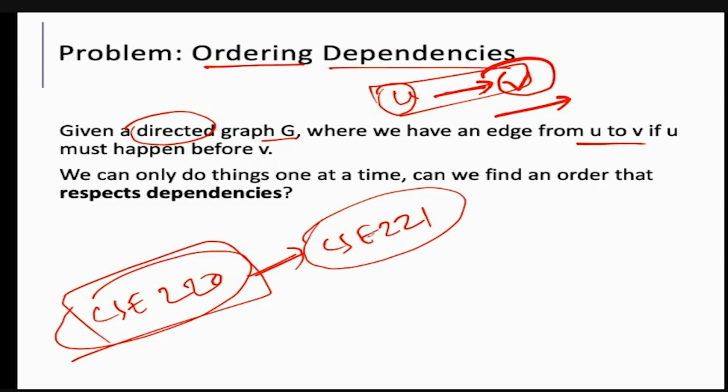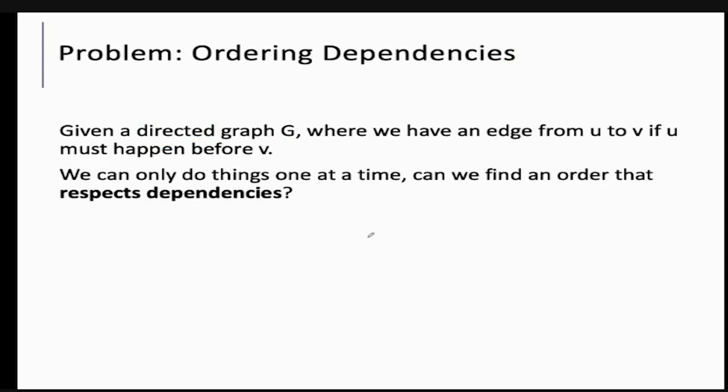What we want is basically that we can only do things one at a time. We cannot do multiple things at a time. So in one semester you have to take 220 and in another you have to take 221. We have to find a specific order so that the order of doing the work respects the dependencies.